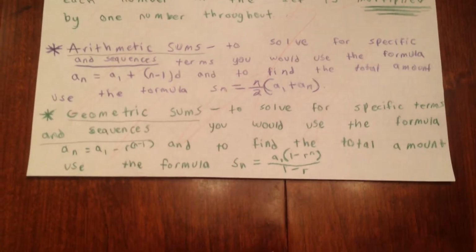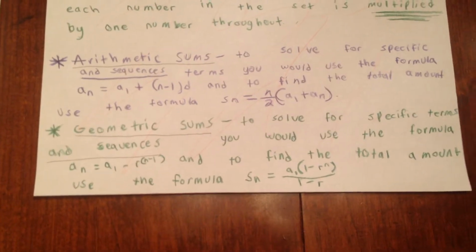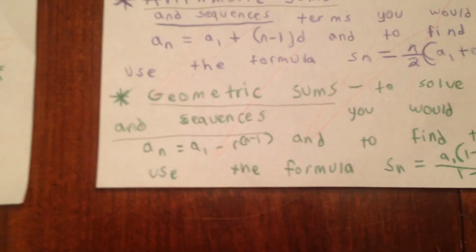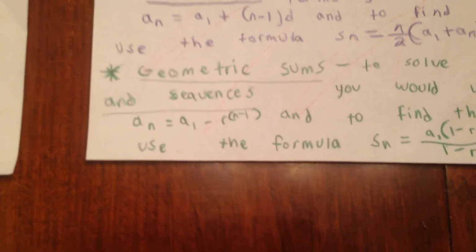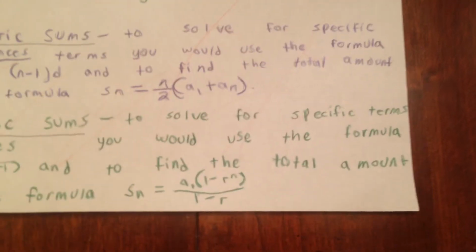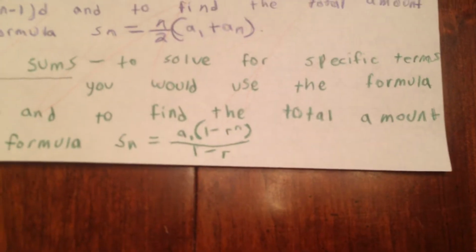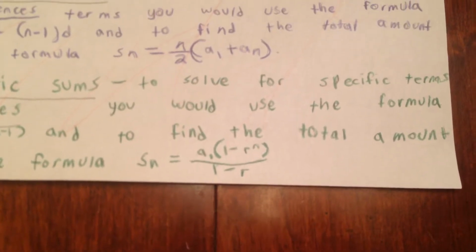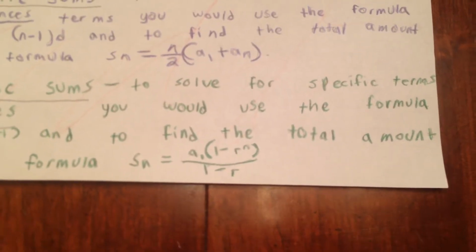And then for geometric, which is the multiplying, you have the explicit formula down here, a sub n equals a sub 1 times r to the power of n minus 1. And that's when you're trying to find the specific term. And then down here is the sum formula you would use for geometric, S of n equals a sub 1 times 1 minus r to the power of n divided by 1 minus r.